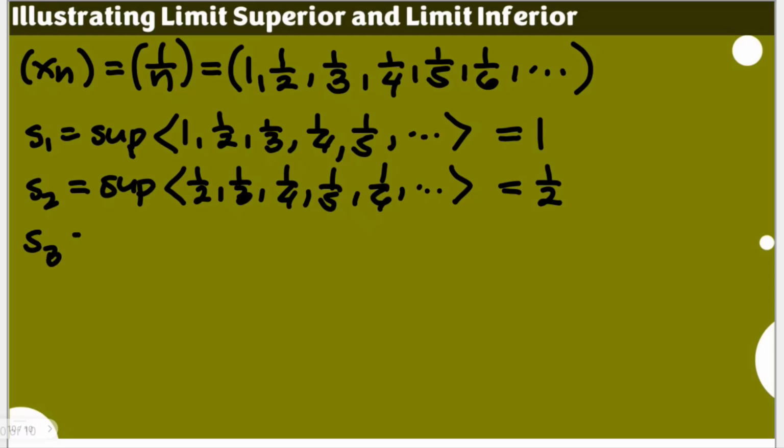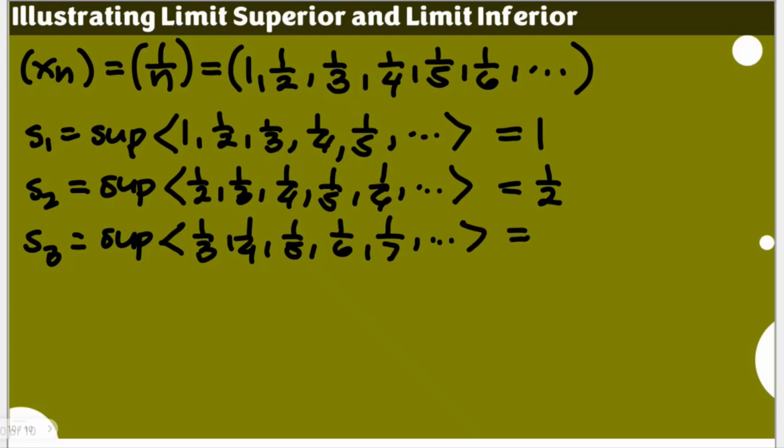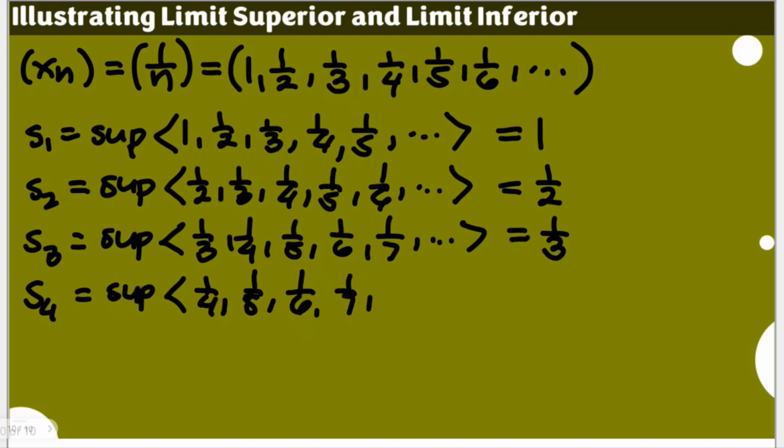If I may continue, I would have 1 third, 1 fourth, 1 fifth, 1 sixth, and of course 1 over 7 as we continue forward. The supremum of this, or the least upper bound, is 1 third. If you would like to continue for the fourth one, we have 1 fourth, 1 fifth, 1 sixth, 1 seventh, 1 eighth, and so on and so forth. The least upper bound of this is actually 1 fourth.